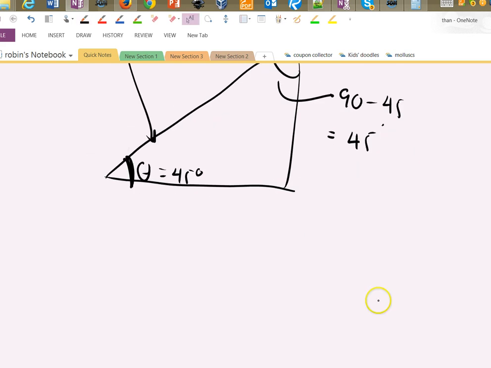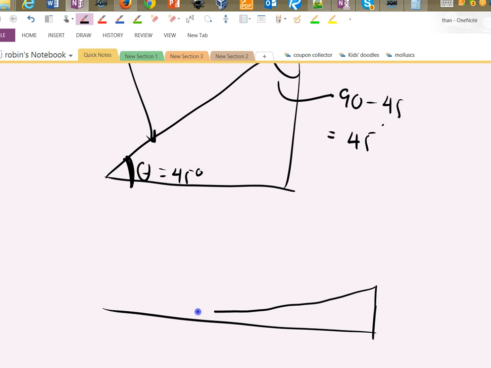And of course, if I make theta really, really small, I won't be able to draw it very well. Theta equals, let's say, 5 degrees. Well, this one here, if that's a right angle, is going to be 90 minus 5, which equals 85 degrees. And that looks about right, doesn't it?